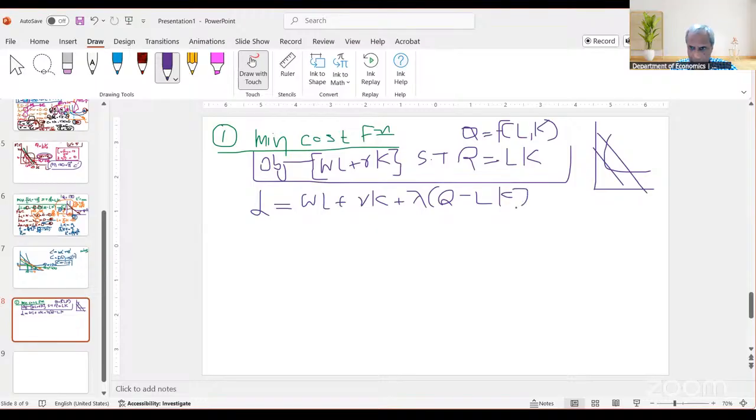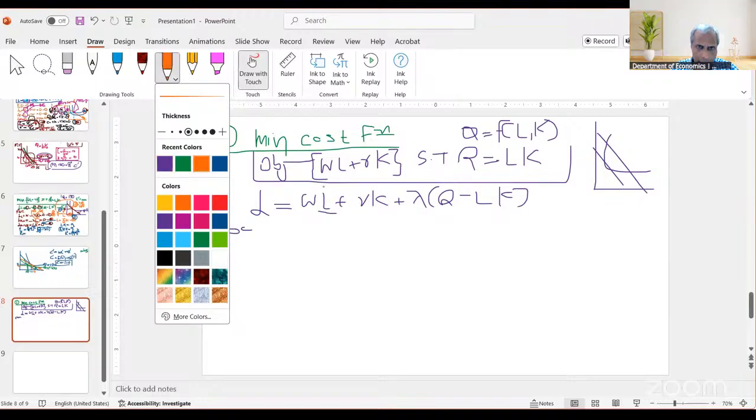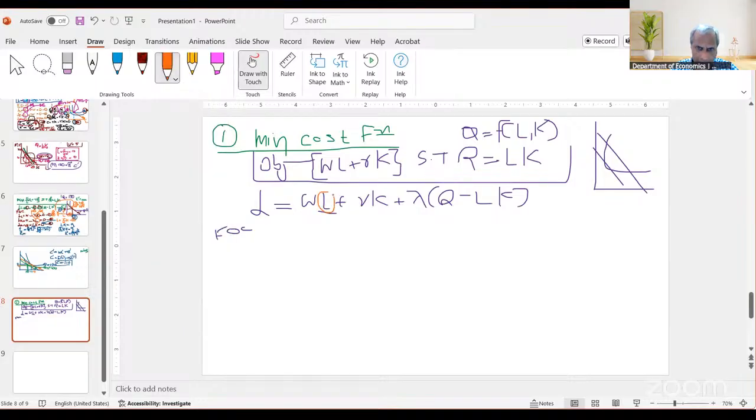So this becomes the Lagrangian equation. Now, the same as what we did before, first order condition: differentiate this with respect to the decision variables L, K and lambda.